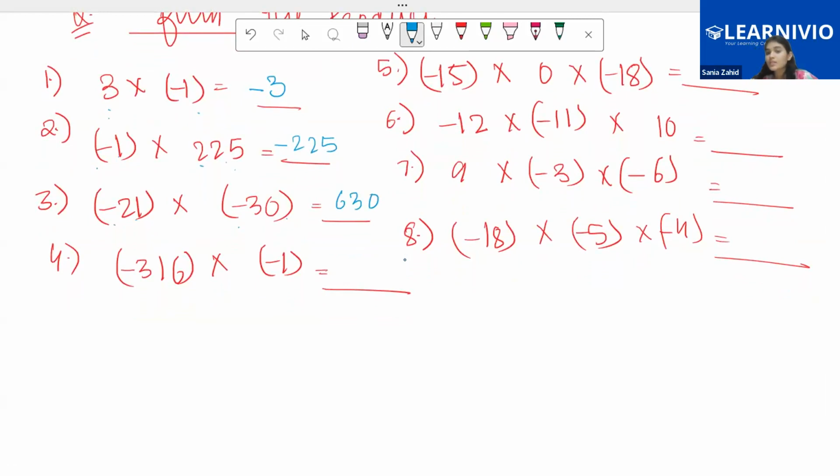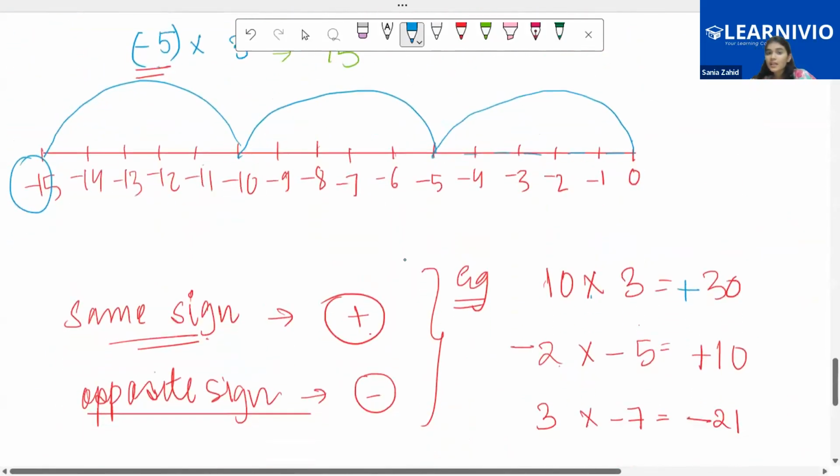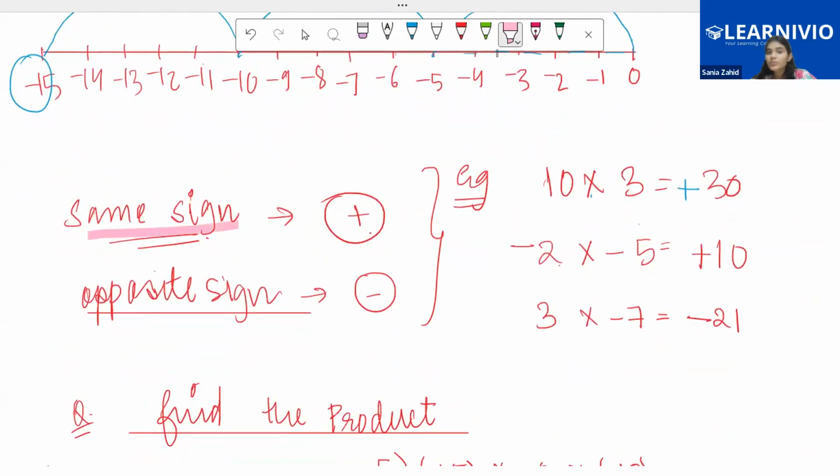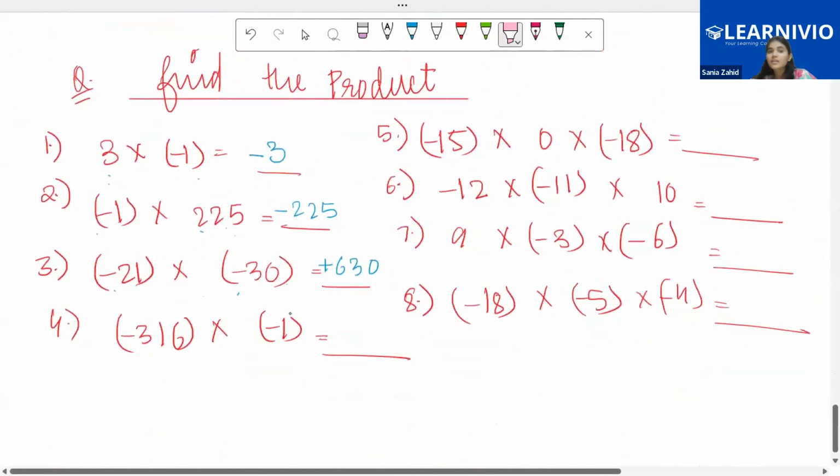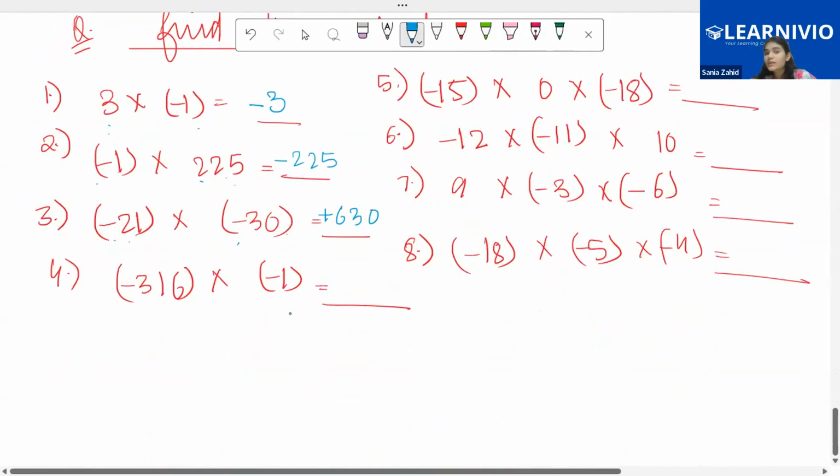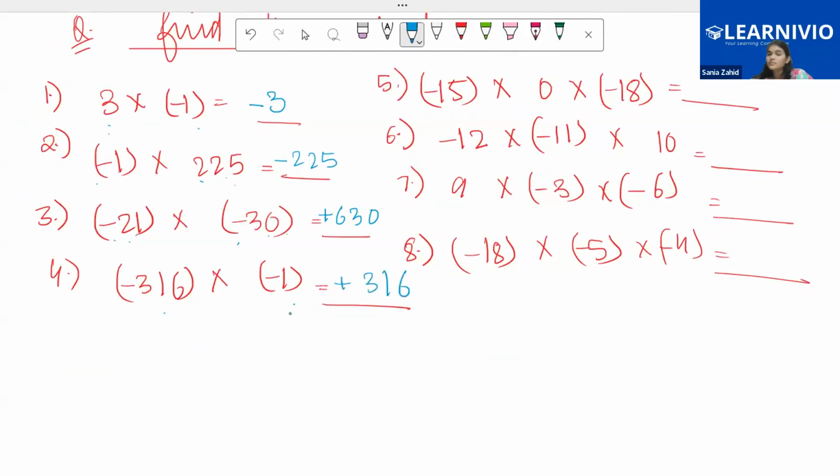Abdul, it's same sign. Same sign means positive. I taught you. Same sign means positive. Opposite signs means negative. So minus 21 and minus 30 same sign. Now minus 316 into minus 1 is plus 316. Same sign. Right?